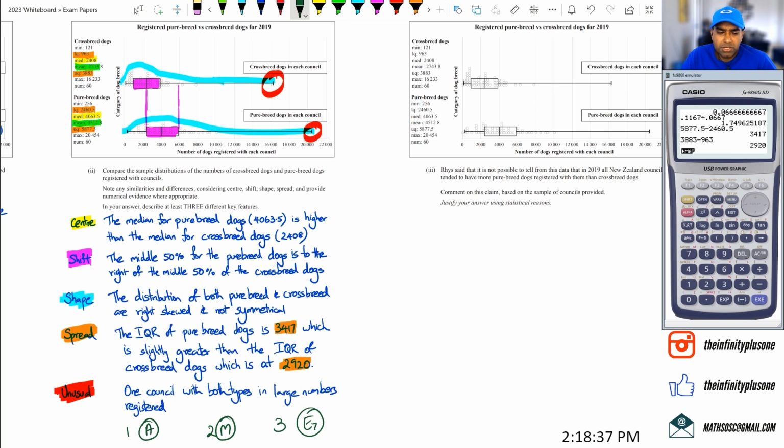Now, folks, if you know me, you know that I've only been attempting stats papers for the last month. One thing that I am noticing is that when it comes to this multivariate data, those 5 points that we talk about, the center, shift, shape, spread, unusual features, or unusual points, or whatever you want to call it, seem like a really good and easy excellence 7 points.